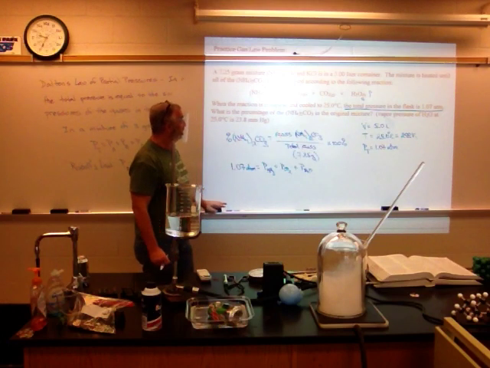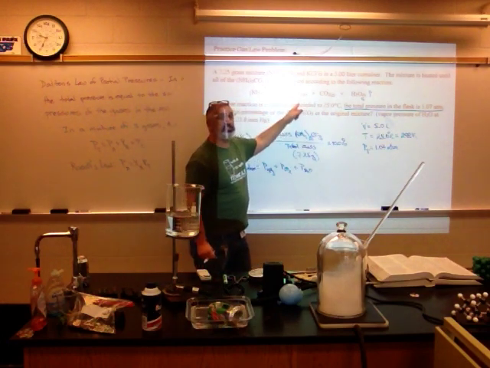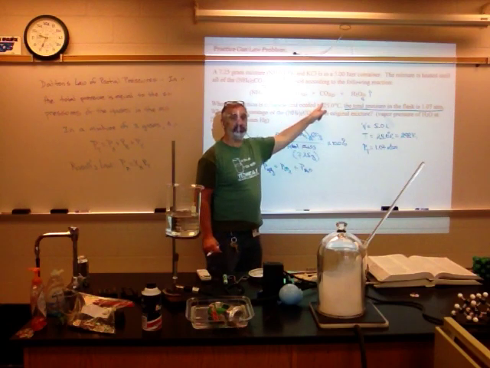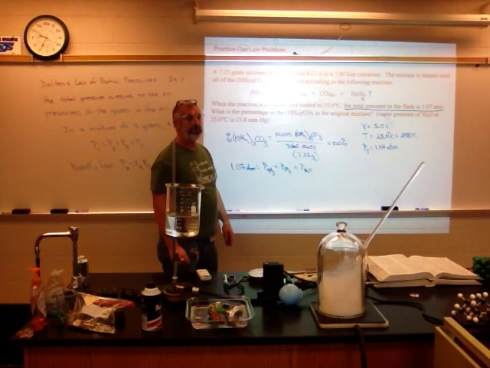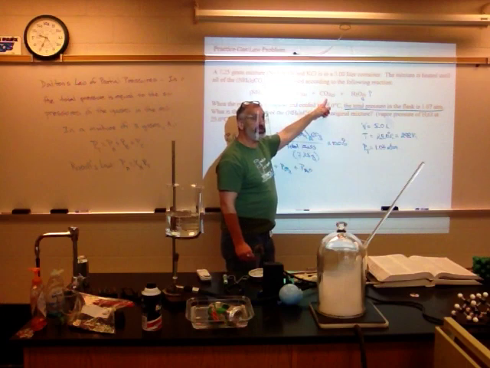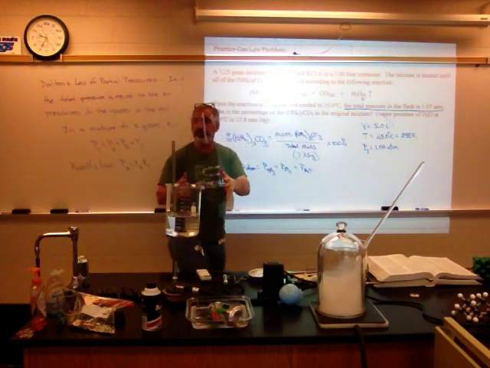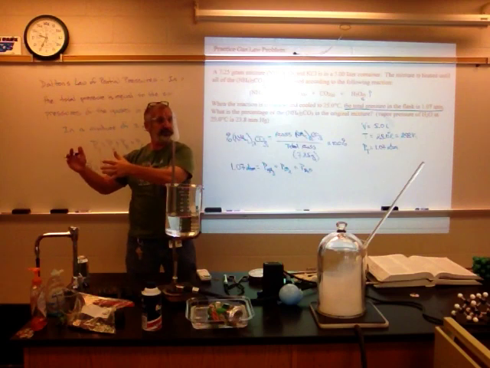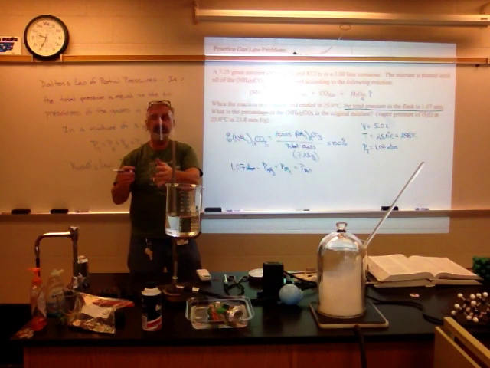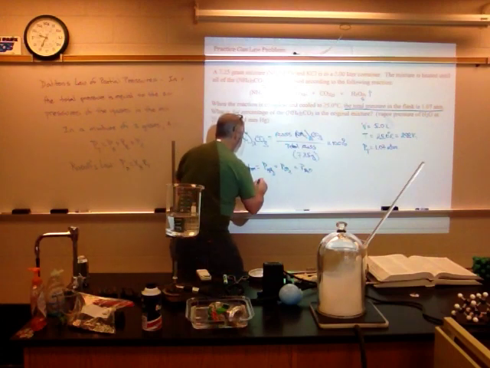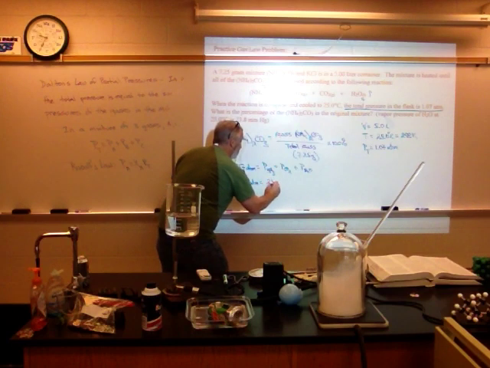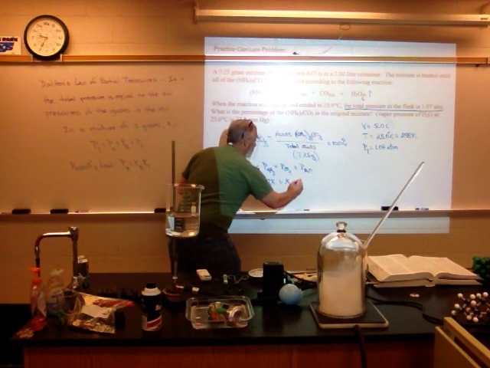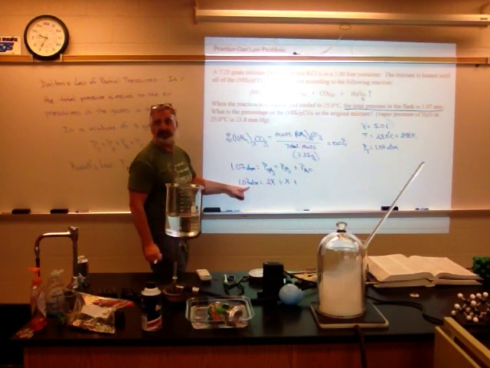Here's your trick. What's the relationship between the pressures of these two? 2 to 1. How do I know it's 2 to 1? 2 NH3s for every 1 CO2 are going to be produced, and pressure is directly proportional to moles. More molecules, greater pressure, right? We've talked about that a lot. So since it's a 2 to 1 ratio, I can say that 1.07 atmospheres is equal to 2x plus x plus, now I'm in atmospheres here, so I need to get this into atmospheres.